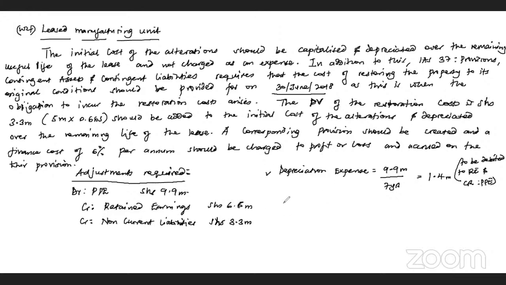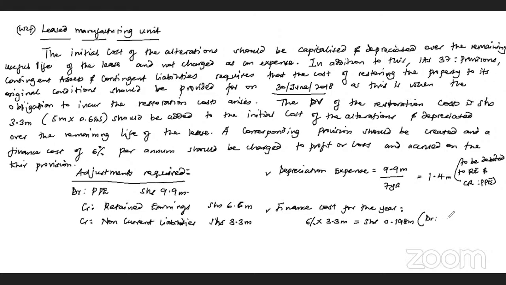Then, of course, we have to calculate a finance cost for the year on the provision. This will be 6% times our provision, which is 3.3 M, to account for the time value of money. This gives you 0.198 M.